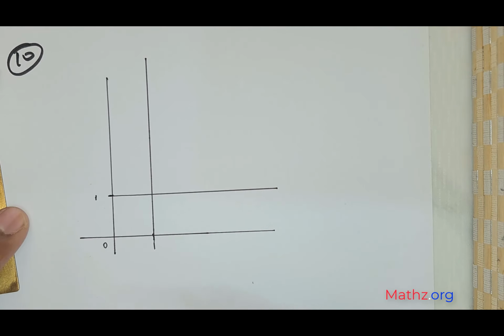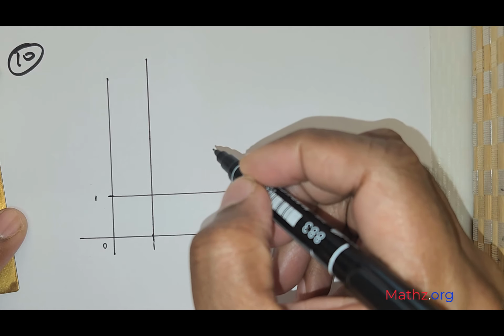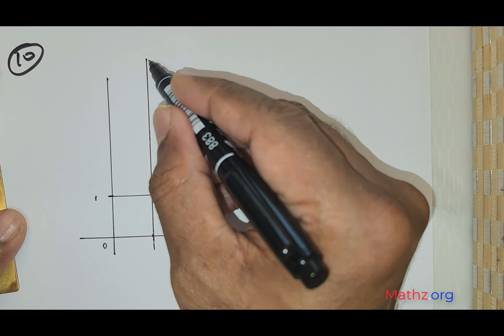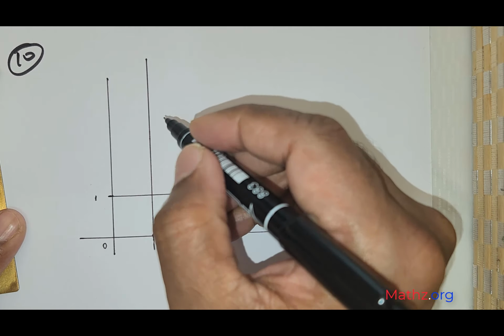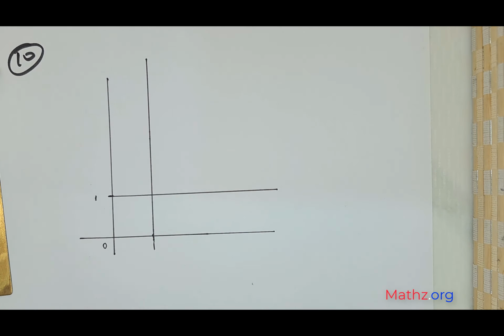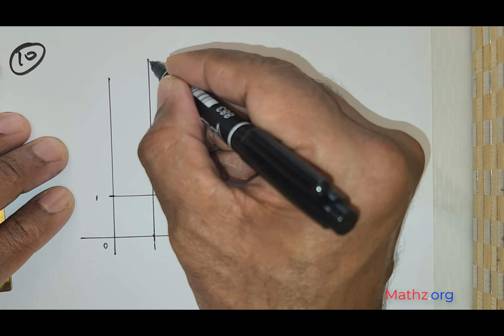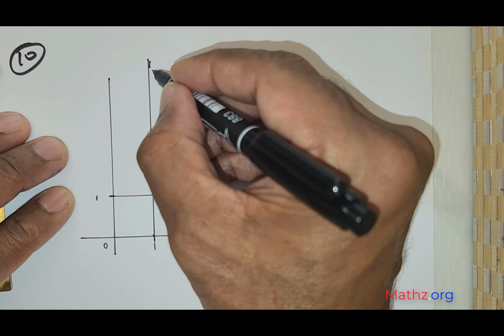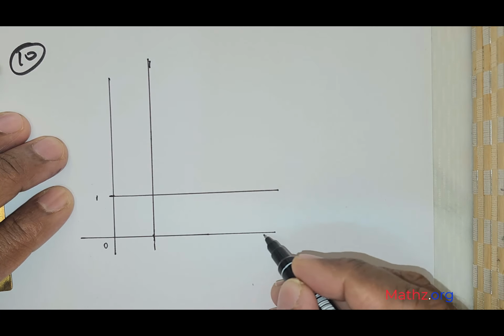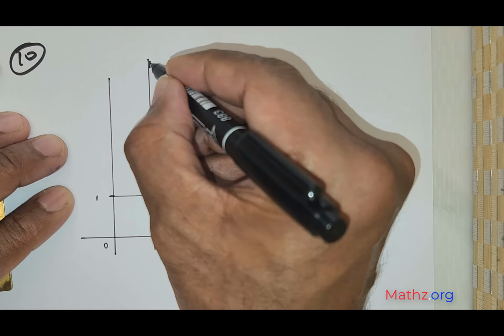Now there is a curve that is actually drawn, so I will have to draw the curve. The curve is actually moving out like this.